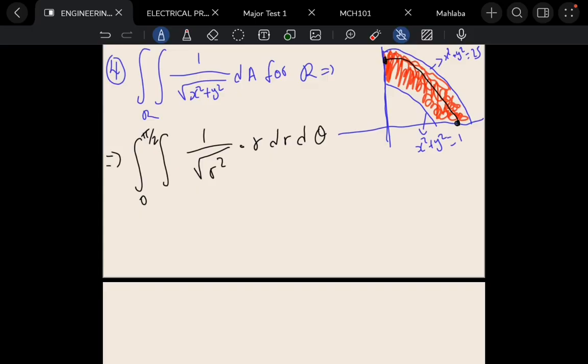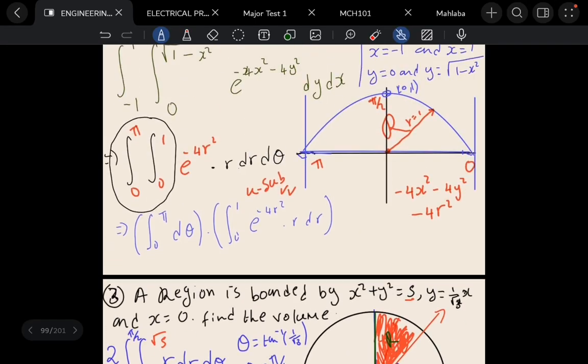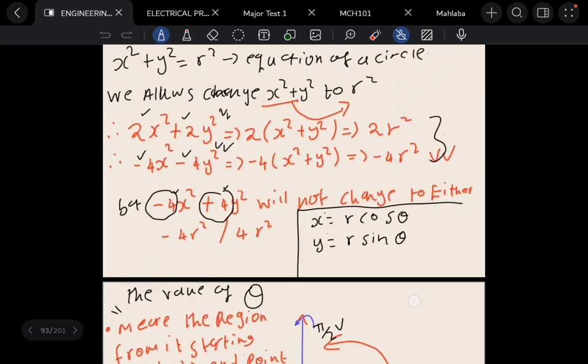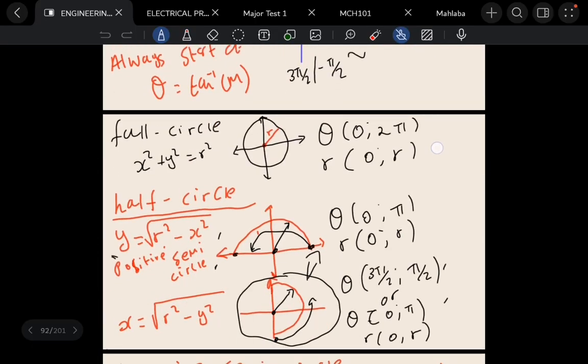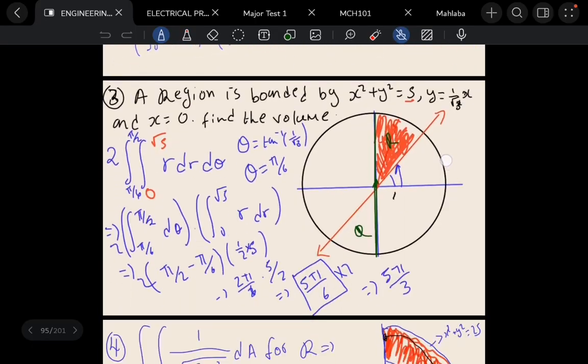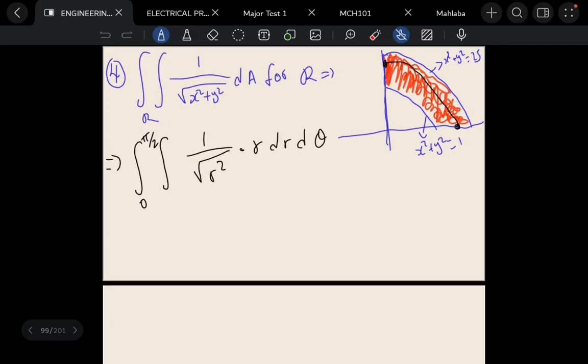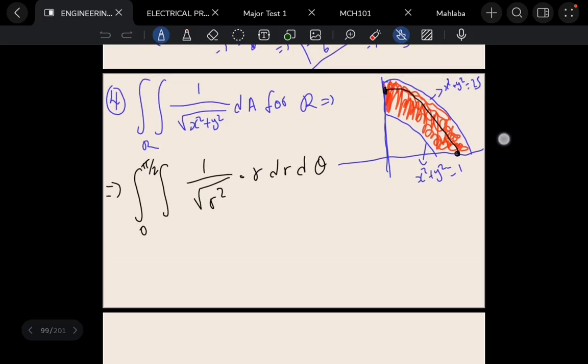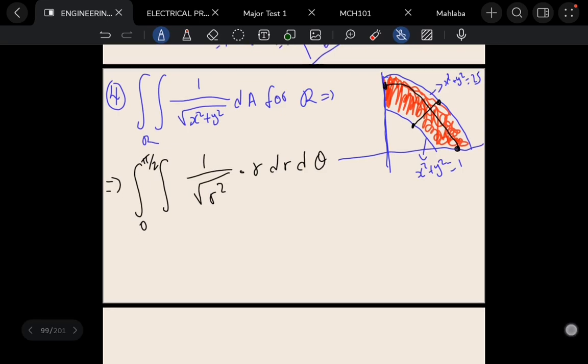Now where is your r starting? Your radius is the value between the region and the outermost function, and your region starts here to there. So your r for that one is what?